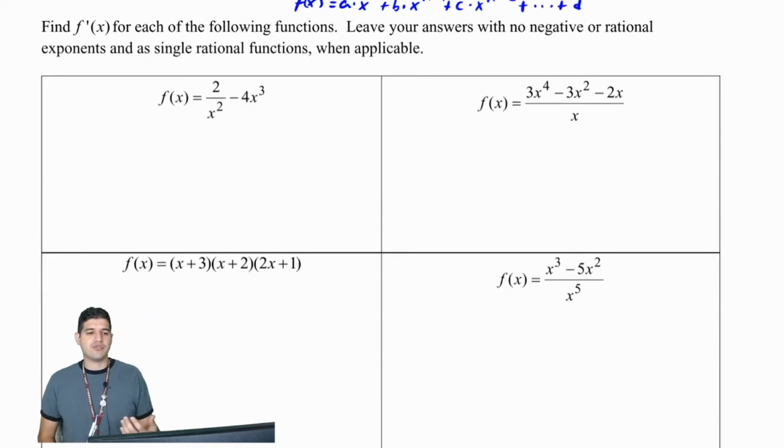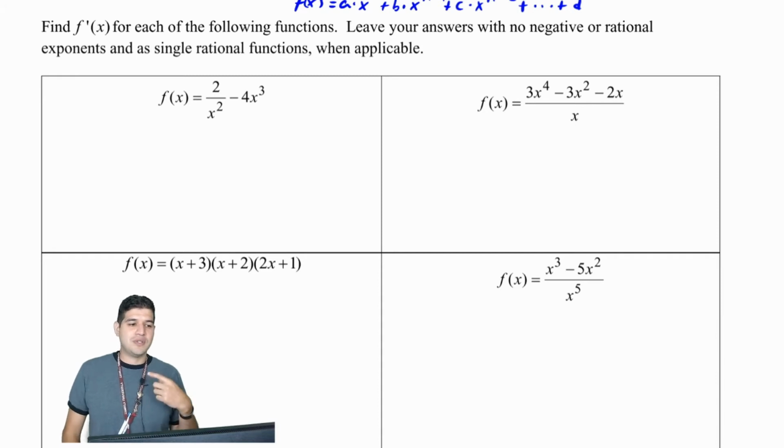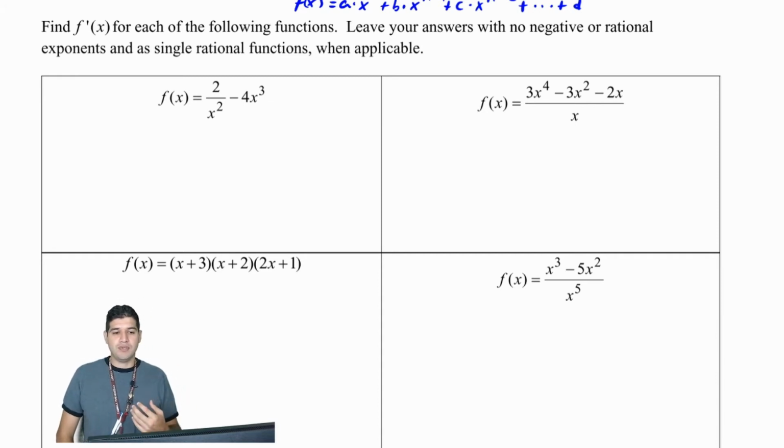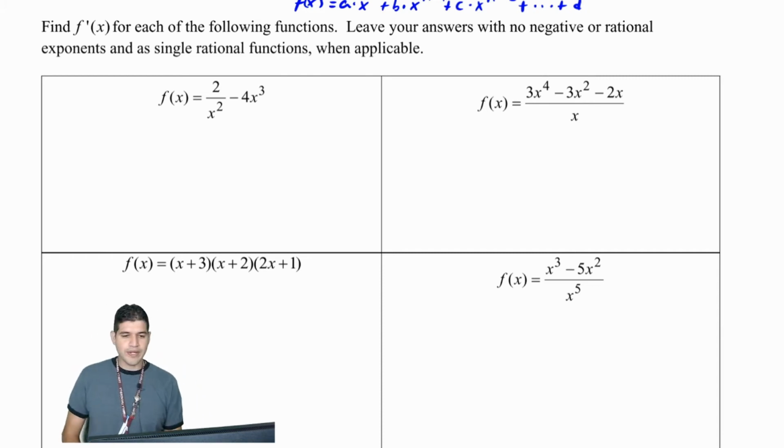So we want to find the derivative here, but we also want to leave our answers without negative or rational exponents. And we want to leave it as a single rational function, so we don't want to have two separate fractions there. So in our first one, I'm going to rewrite f of x. f of x equals 2 times x to the negative second minus 4x cubed.